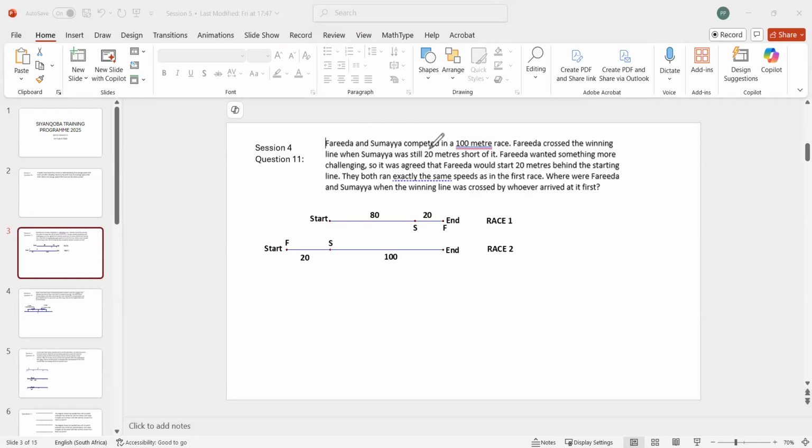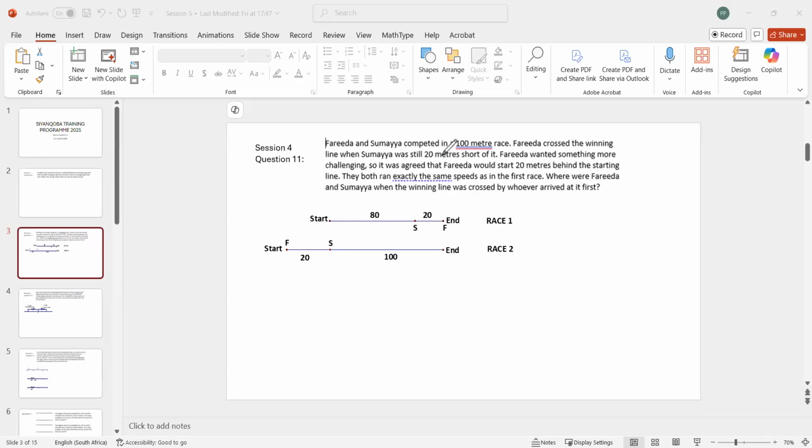Right, so you got two people who are running a 100-meter race. Farida crossed the winning line when Sumaya was still 20 meters short of it. Okay, so I've drawn a picture here. This is the start, and there is 100 meters from start to end.